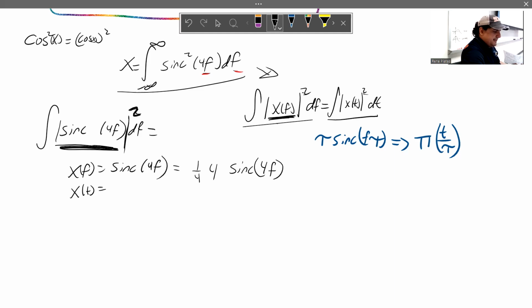Our 4 is going to be the tau, so now it's in the form of tau sinc(f tau). You see this right here is in this form. Now the 1/4 is going to stay there, big pi of t over 4, or tau. That's it.